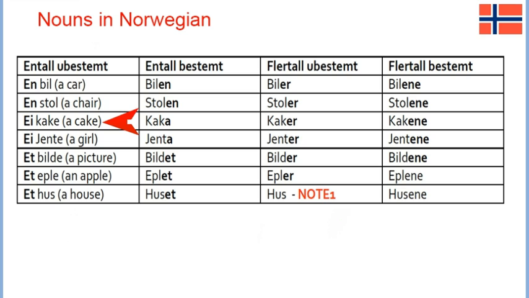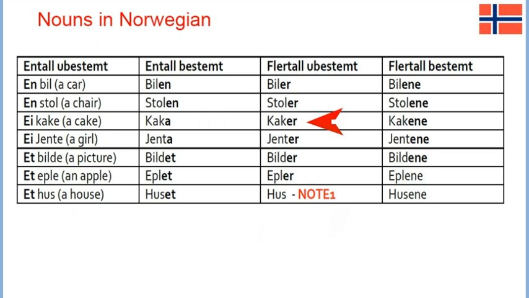But we can go through it. You see the female noun has a in front of it, a kake, a cake. The definite form has an a ending, like the letter a, kaka, the cake. And what we will notice here is in the indefinite form, cakes, kaker.